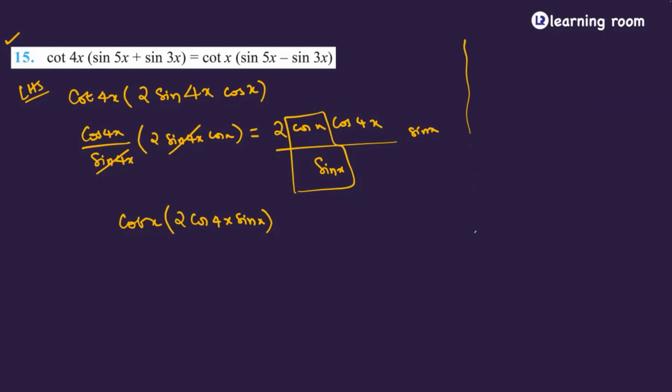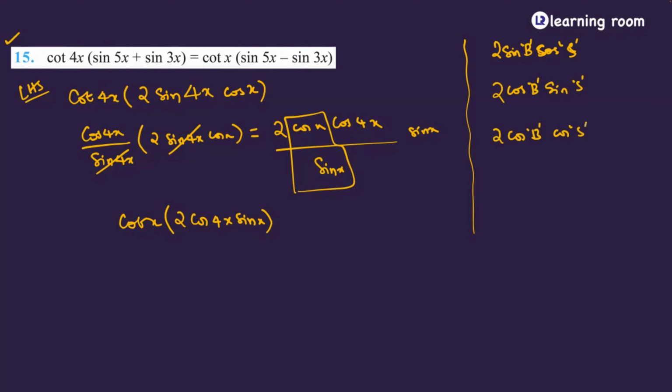Whenever you have the combination of cos and sin, you will have 2 sin of bigger angle, cos of smaller angle. Or you will have 2 cos of bigger angle, sin of smaller angle. Or you can have 2 cos of bigger angle into cos of smaller angle.